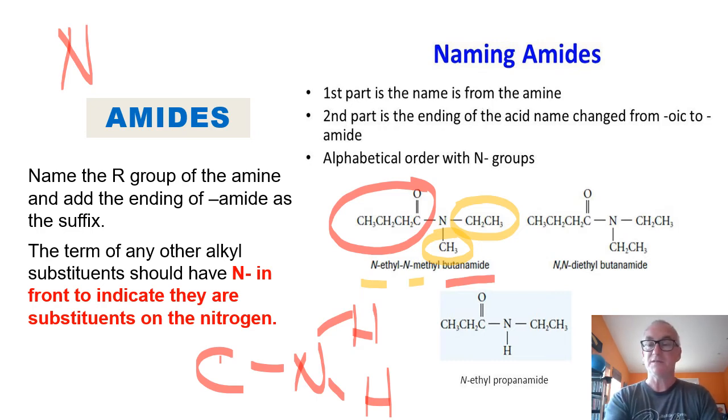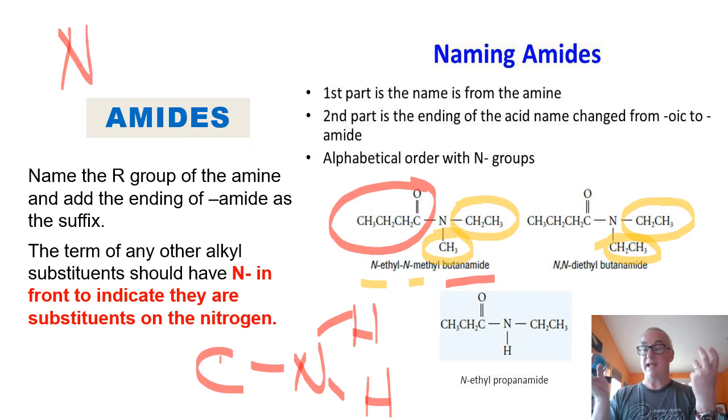In this instance, we have two ethyl groups. So we would go N,N because basically we're saying there's two groups and they're attached to the same place. Just like we were naming things 3,3 and 4,4 and 2,4 dimethyl, because basically you're saying I got two methyl groups, I got two ethyl groups, however many groups I have, and I'm telling you where they are. Well, in this instance, they're both attached to the nitrogen.